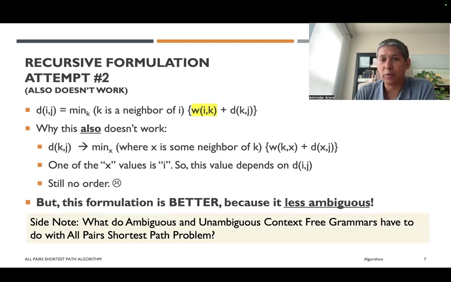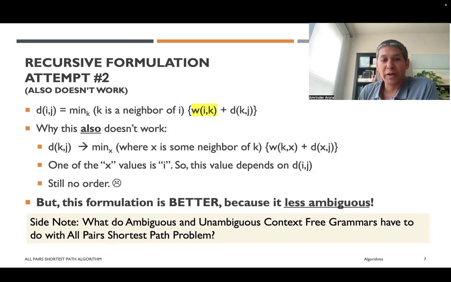Why this also doesn't work is similar to the previous case: Dij would depend upon Dkj, and Dkj would then again depend upon Dij. So still there is no order. However, I want to point out that this formulation is better because it is less ambiguous.